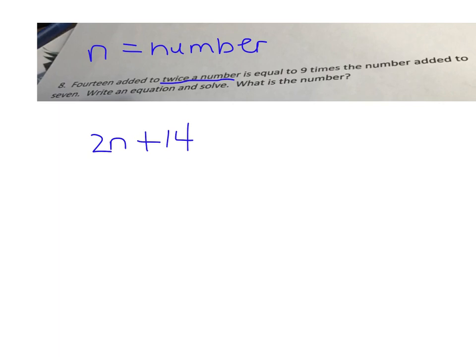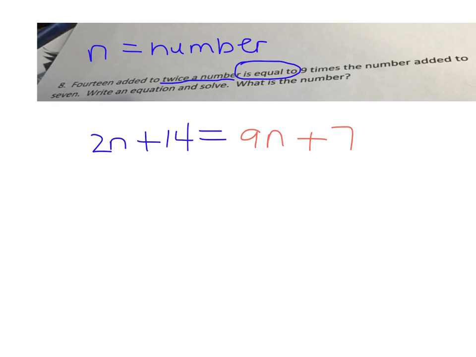Either one of those is the exact same thing. Okay, then it says is equal to, well that's easy. All right, let's look at the right side. 9 times the number added to 7. So n is still my number. 9 times that, so 9n, and then added to 7. Well, again, we can either put 9n plus 7 or 7 plus 9n. Addition is the same no matter which way you do it.